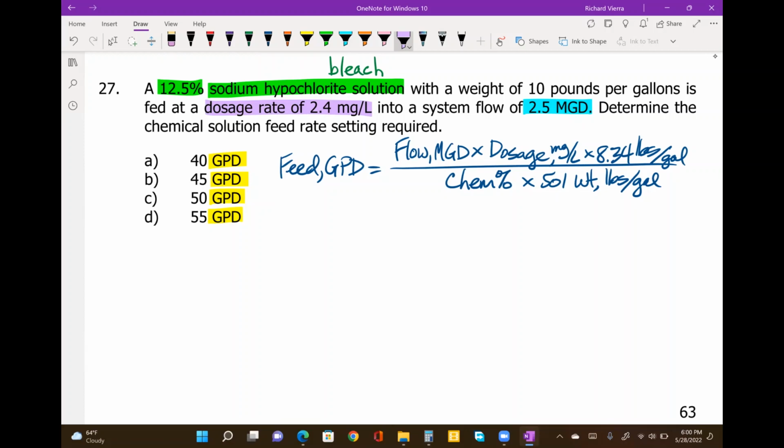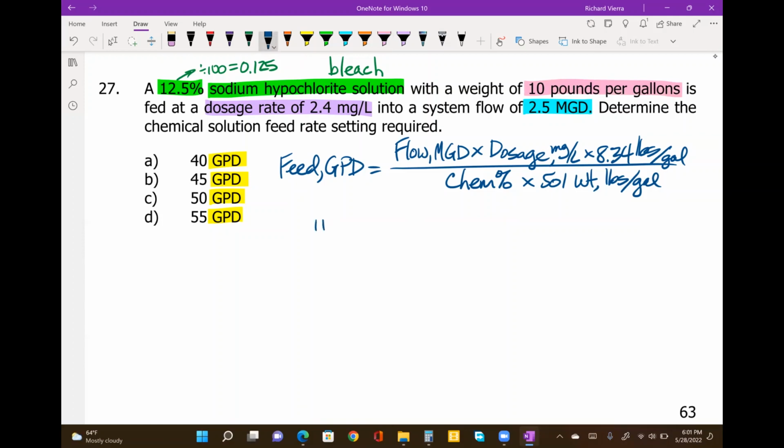Chemical concentration percentage, we're going to convert into a decimal by dividing by 100. And when we do that, we get 0.125 in this case. So a little bit of a change there is all. And then the solution weight is given as 10 pounds per gallon. So that number is ready to plug in as well.